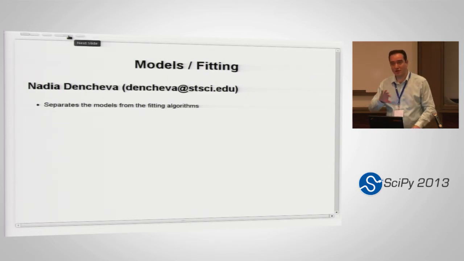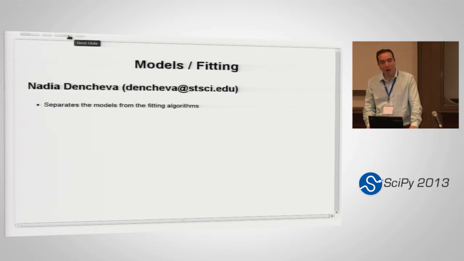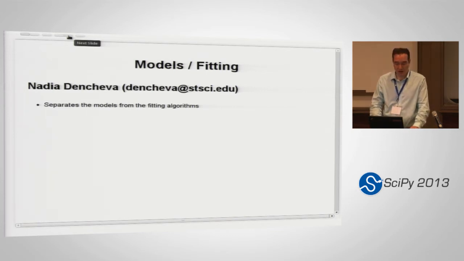We also have a strong need to replace WCS, the World Coordinate System, over time for the non-astronomers, and models is probably going to be the basis for how we do that.